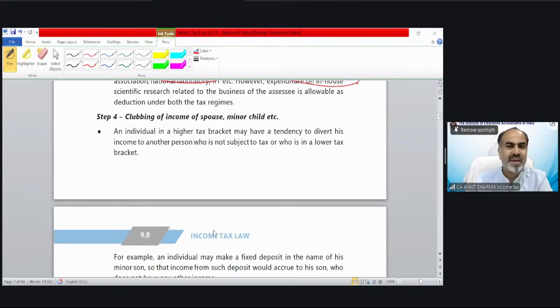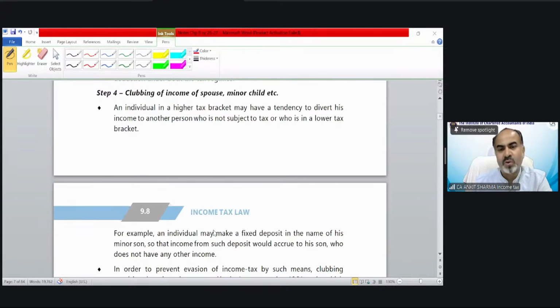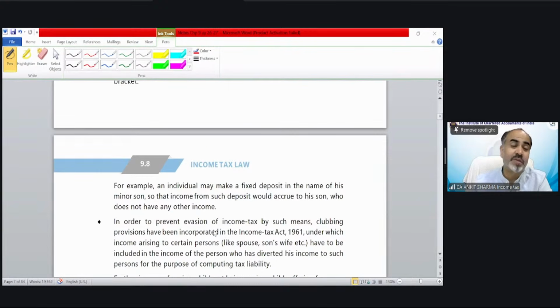Then we have the clubbing concept. You have to apply those clubbing provisions. Again, in case of clubbing, there is an exemption which is only available under the optional tax regime. Which exemption is available under the optional tax regime in case of clubbing provisions? Who will tell me?